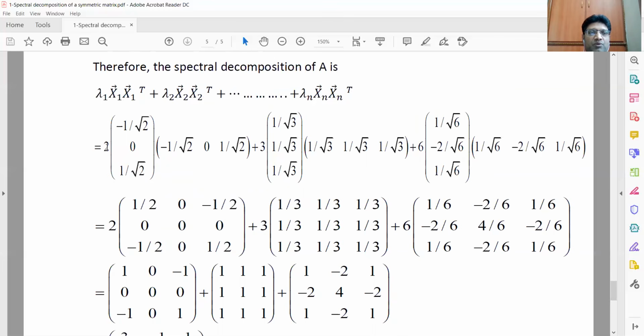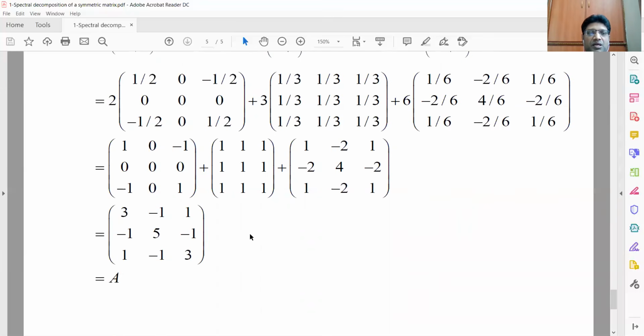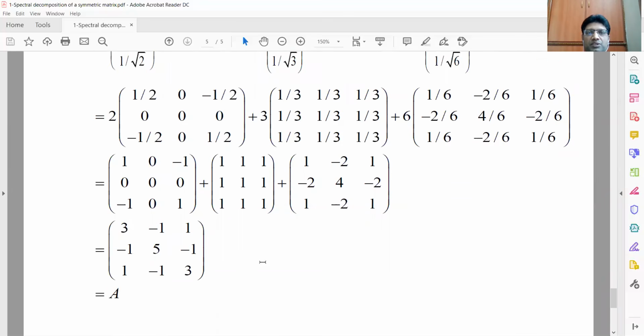So λ1 is 2 times the first vector and its transpose, plus 3 times the second vector and its transpose, plus the third one and its transpose. Multiplying each gives a 3 by 3 matrix. If I add all of these, I get this matrix, which is nothing but our original matrix.